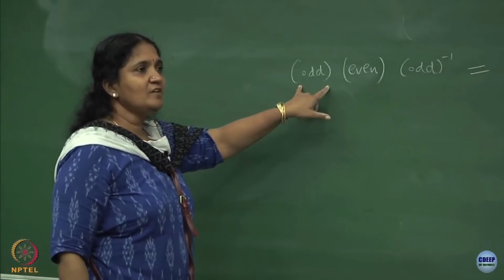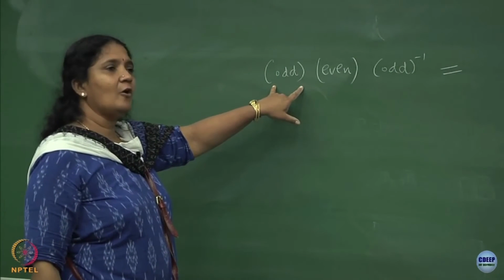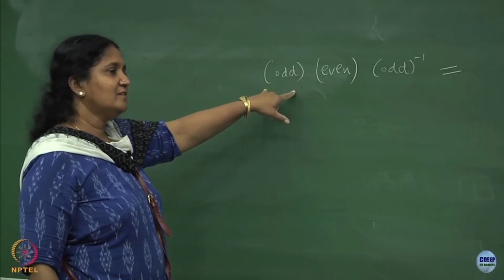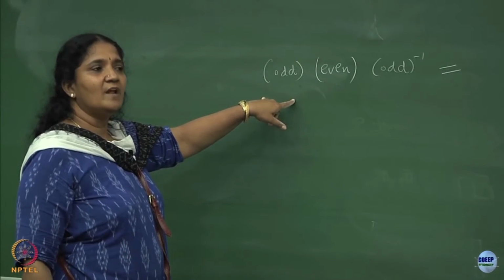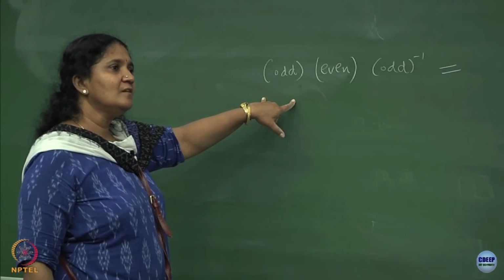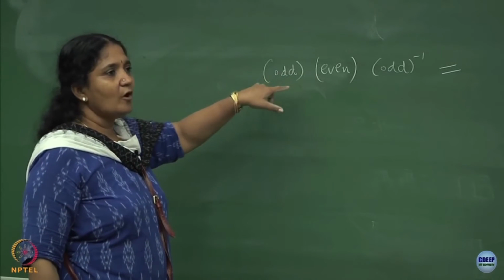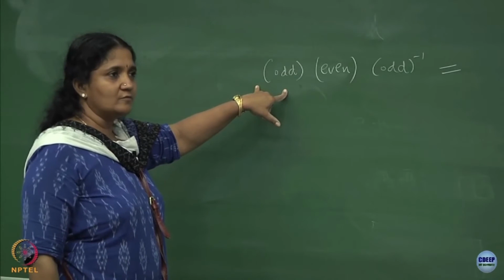How do you check whether a permutation is odd or even? You write the cycle structure as products of transpositions. If there are an even number of transpositions, then it is even; if it is an odd number of transpositions, it is odd.